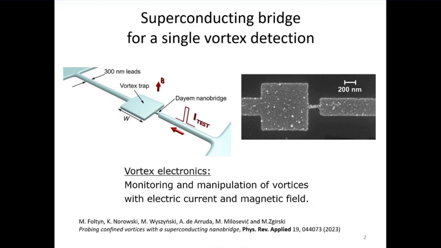Then some details, some fluctuations of the surface or of the edges may decide into which one the vortex enters first.